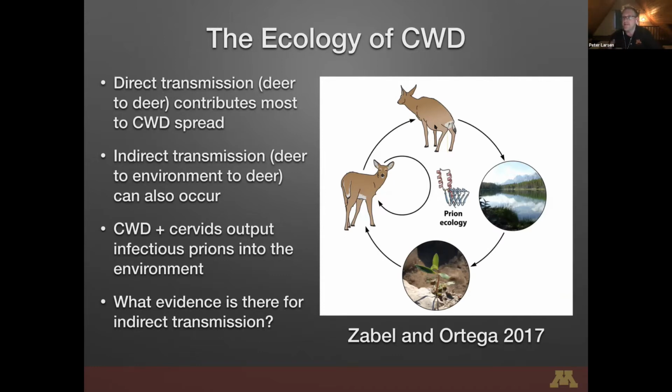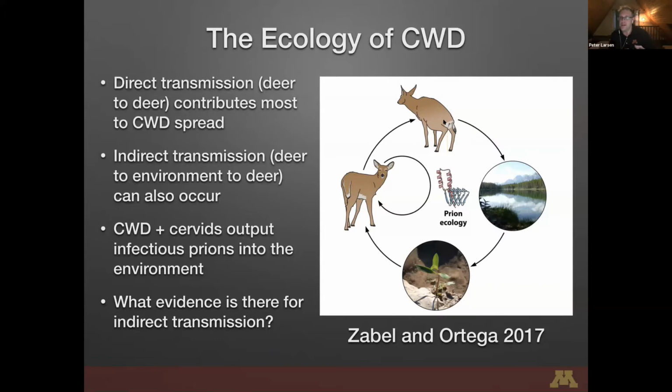And we know, based on the data I discussed last time, that infection can occur, you know, 2-3 years. If an animal's positive for several years, they could be outputting prions in the environment. And this is what's shown in this figure. So you'll have a CWD positive animal outputting prions in its urine and feces into the environment. That's what that lake is showing.